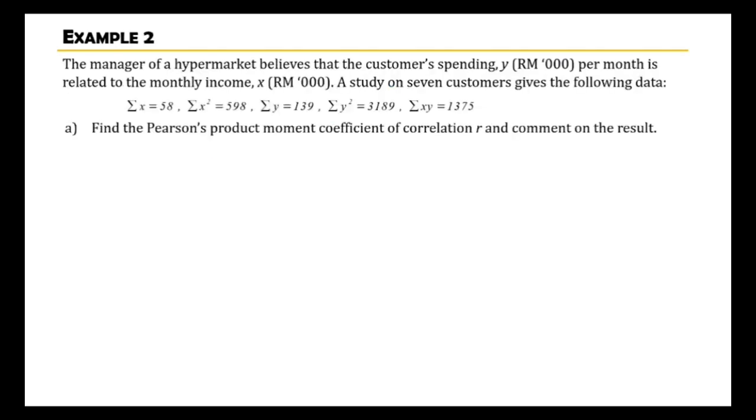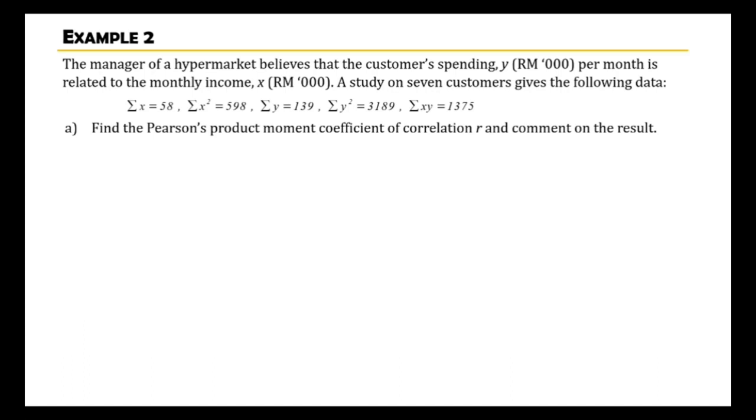Example 2. The manager of a hypermarket believed that the customer spending y per month is related to monthly income x. A study on 7 customers gives the following data. So A, find the Pearson's product moment coefficient of correlation R and comment on the result.